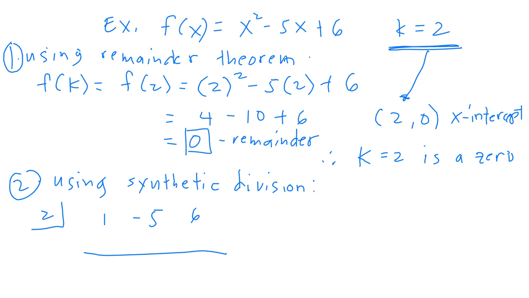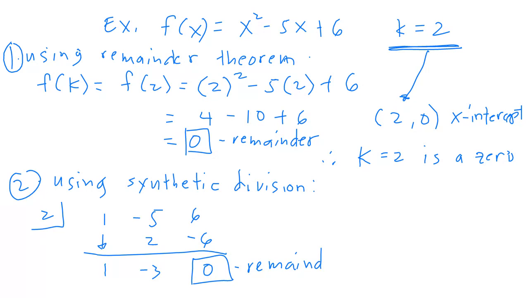And then we bring down the first number, 1. 1 times 2, 2 is our k. The product is 2. We add, the answer would be -3. And then do the same procedure, multiply again. The answer is -6. And then we add, it gives us a 0. So we have the same remainder.